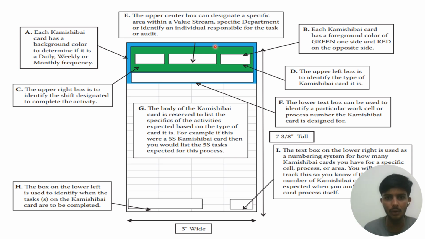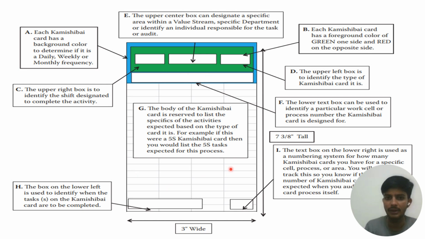The upper box is used to define a specific area or a specific person in that value stream, and the lower box is used to define a specific machine, for example CNC machine number this much, or milling machine number this much.